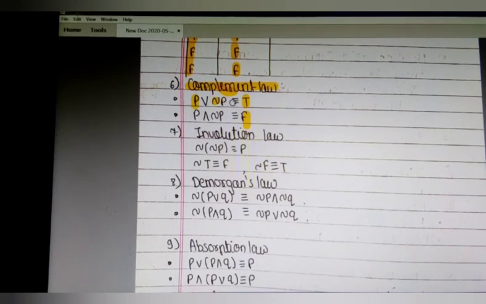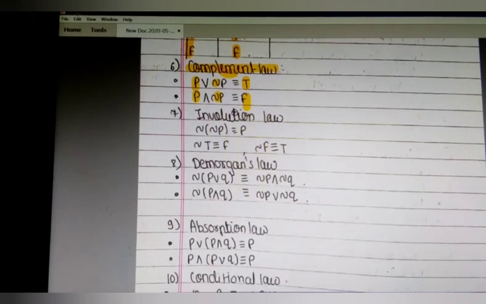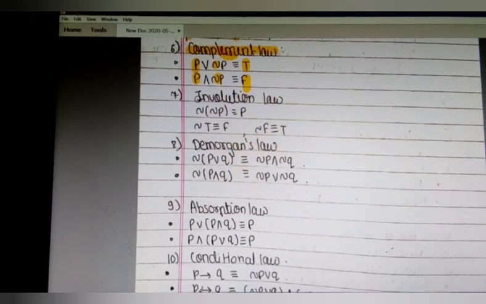So true or false will become true. But for and, both should be true to become true. Here take P as true and negation of true is false. So true and false is false. It is also verified.